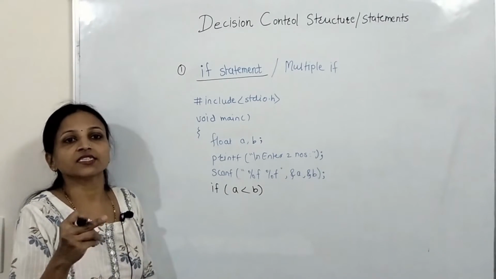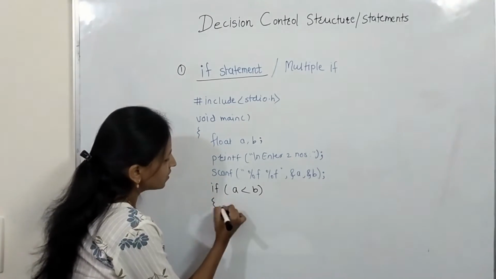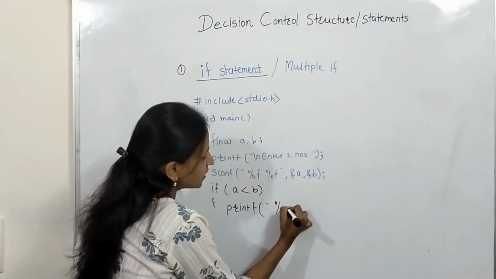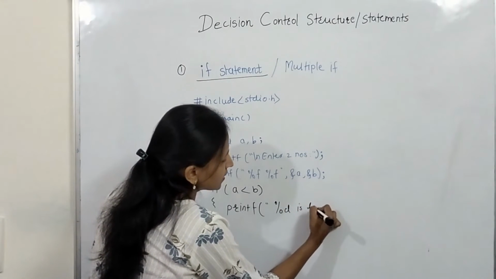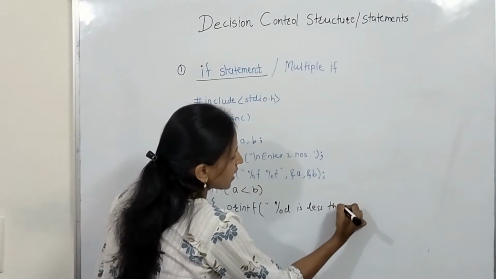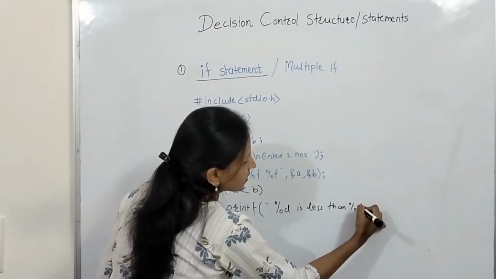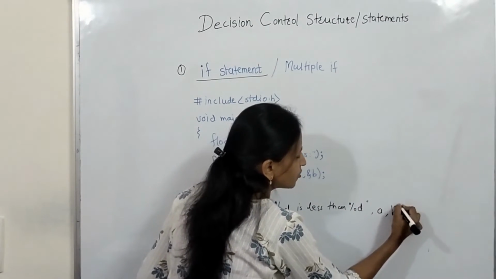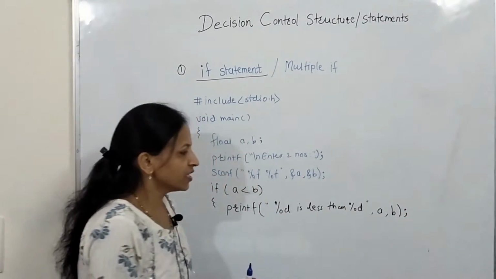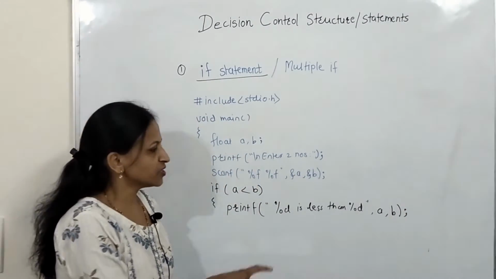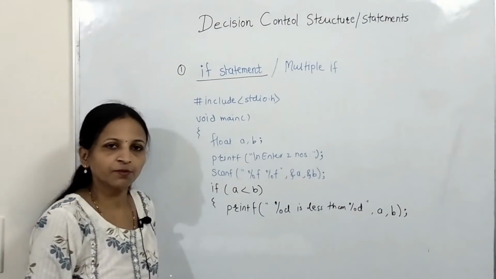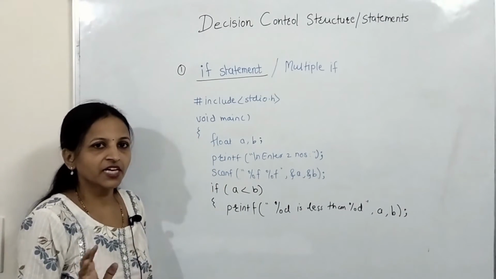A is less than B. Here we can write printf %d is less than %d. Here the first argument should be A and the second argument should be B. In this way we can write the statement. Whatever value of A will get replaced here, whatever value of B will get replaced here. In this way we will get the message.